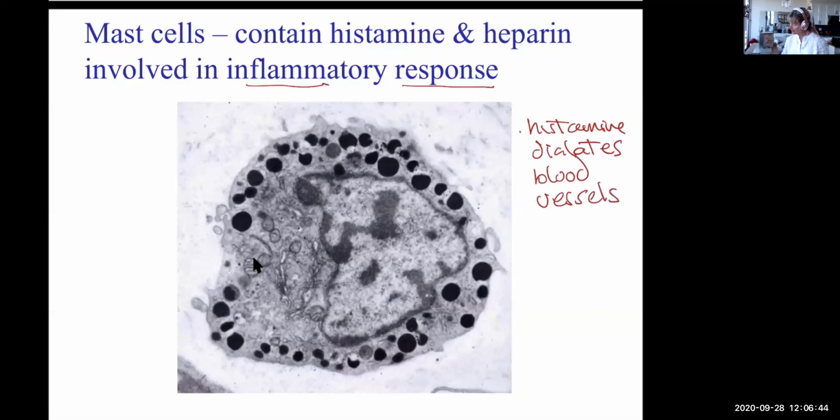Heparin thins blood, makes it less viscous.